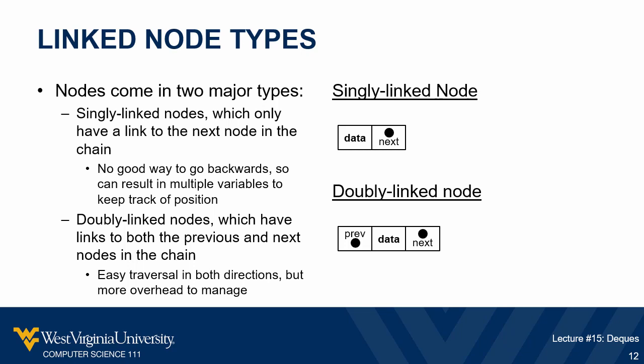If I have nodes, though, that are what's known as doubly linked, where they have a link to the previous node in the chain and to the next node in the chain, I gain the ability to go forwards and backwards. This is going to make it a lot easier for me if I need to do operations at both the front and the rear of my data structure. And it can also sometimes make things easier if I'm trying to make changes in the middle of my data structure's chain.